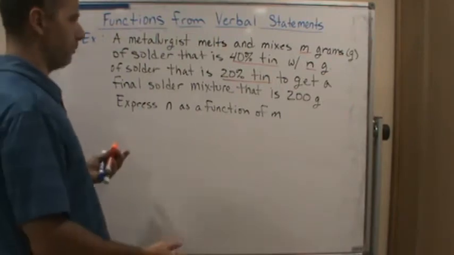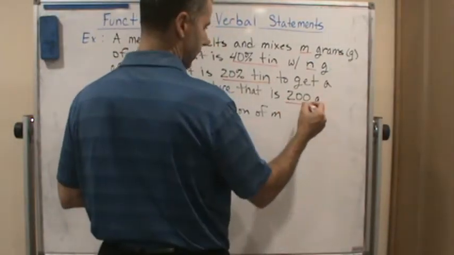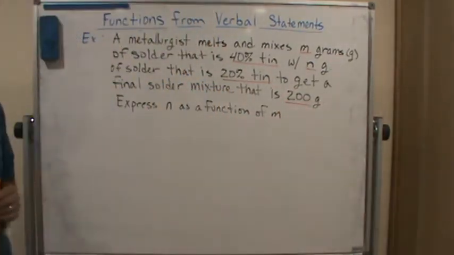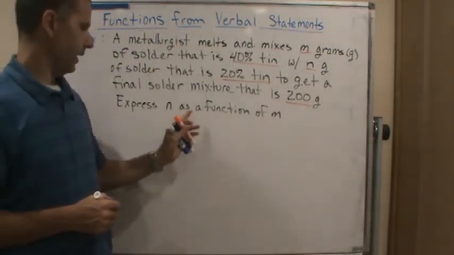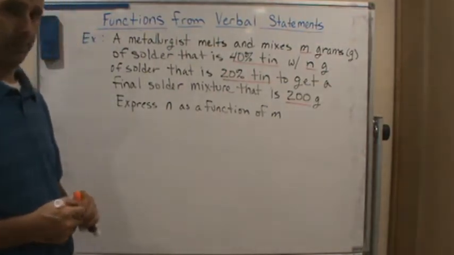They get a final mixture that is 200 grams of solder. We want to express n as a function of m.